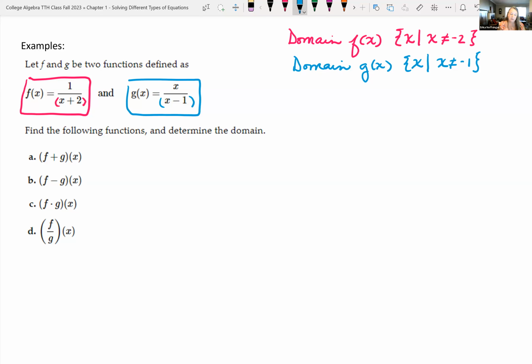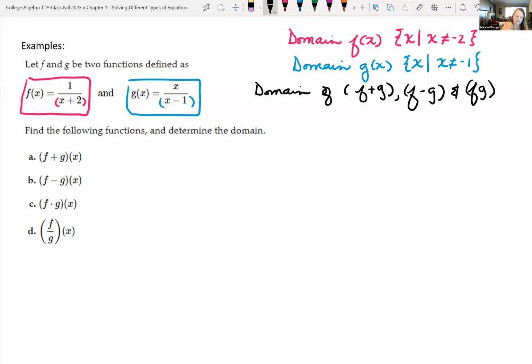So I'm looking at what they all share in common. Well, we share everything in common, the whole number system, except for -2 and -1. So the domain of these operations, at least the f plus g, f minus g, and f times g.